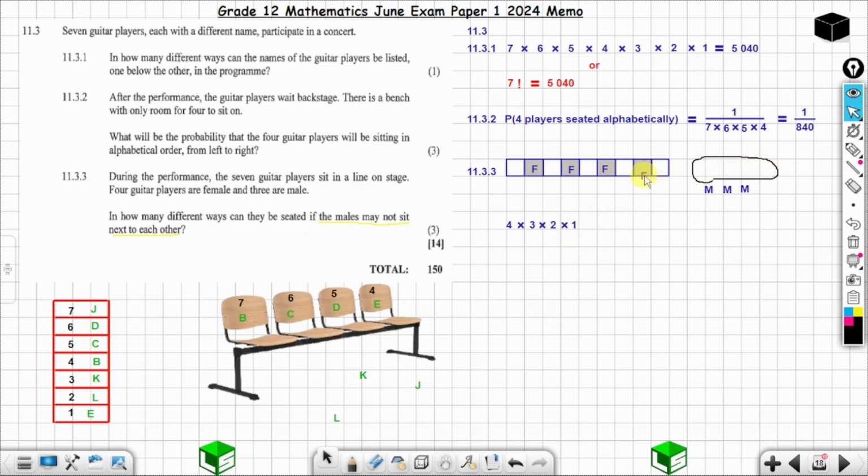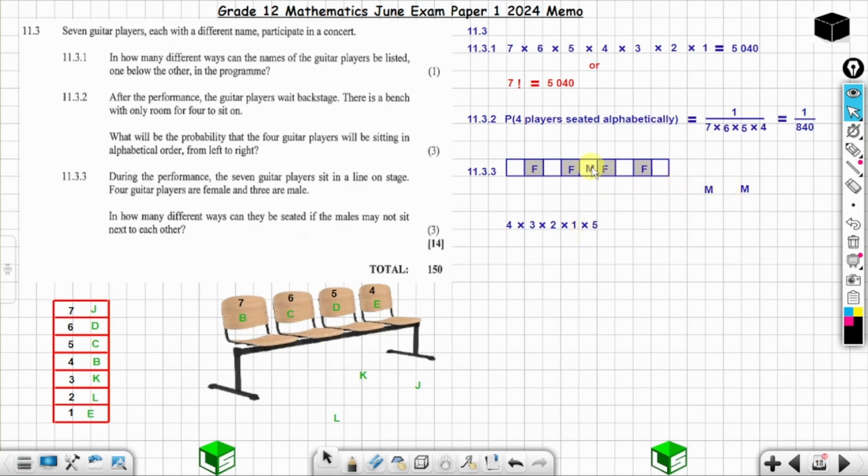So this can go there. Now for the males, I have 1, 2, 3, 4, 5 places to put the males. 5 options, so I'm going to start with times 5.